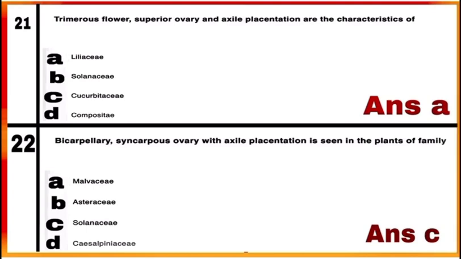Question 22. Bicarpellary syncarpous ovary with axile placentation is seen in the plants of family. These features are seen in plants of family Solanaceae like in tomato, potato, chili, petunia, etc. So here mark C as a correct answer.